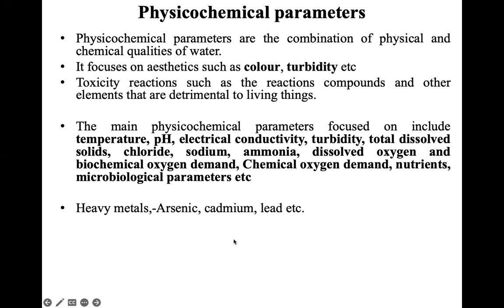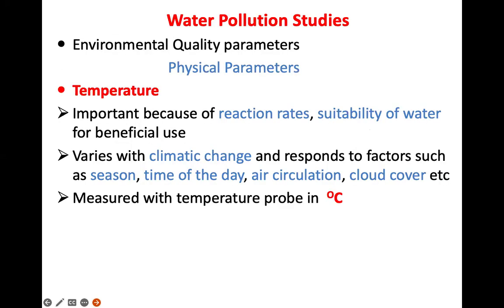Now, there are other elements known as heavy metals that are also found in polluted water, which have very negative consequences if they are found in water that is consumed. Now, at this point, you will start looking at the different parameters that are measured in water quality. Let's start with the physical parameters.